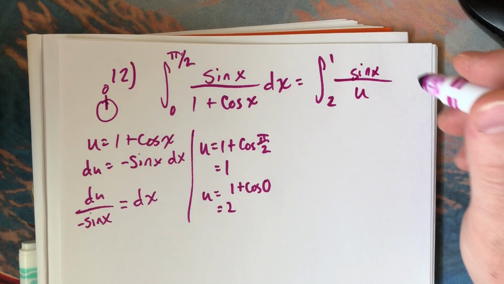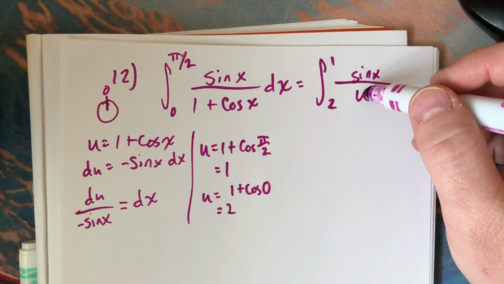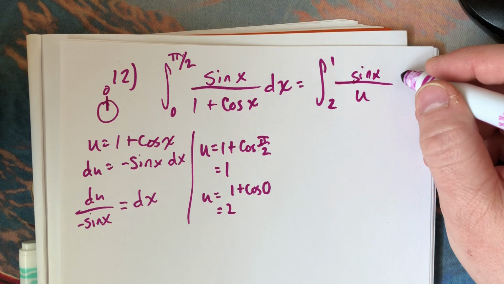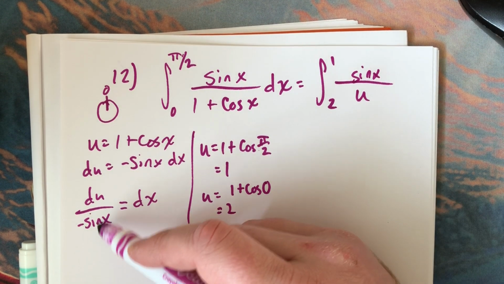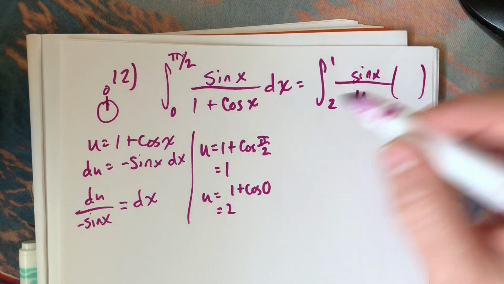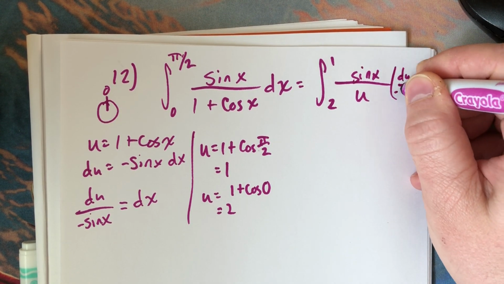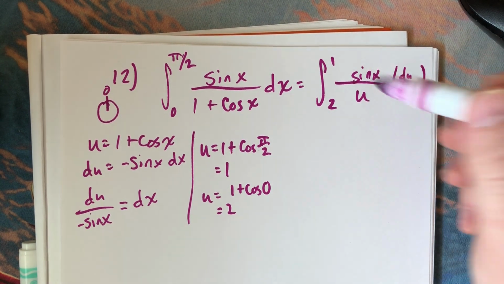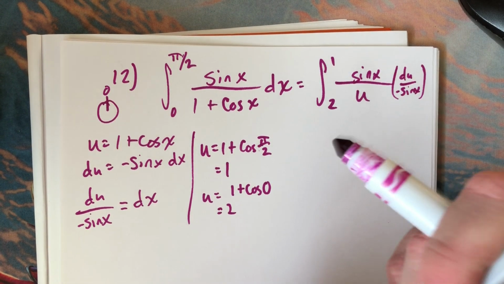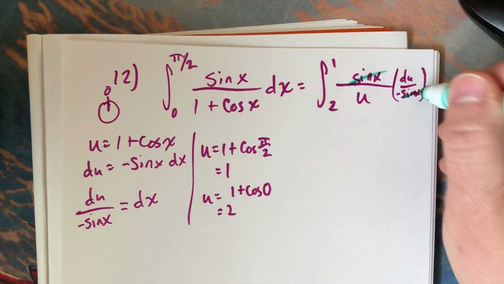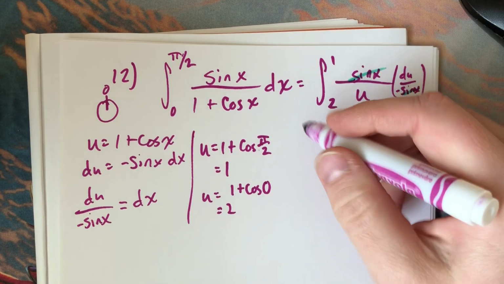Just doing my substitution now. Negative sine x dx. Oh, no, du. I was like, wait, that doesn't cancel. Du over negative sine x. If it doesn't cancel, that's our indication that there's a problem, right? That's one of the big ideas in U substitution. There's no reason to bring the negative out.